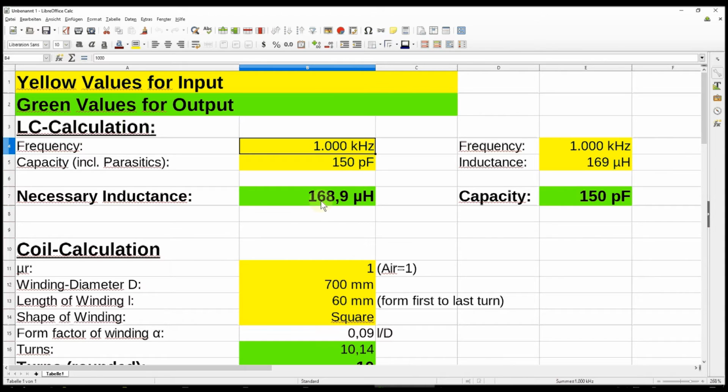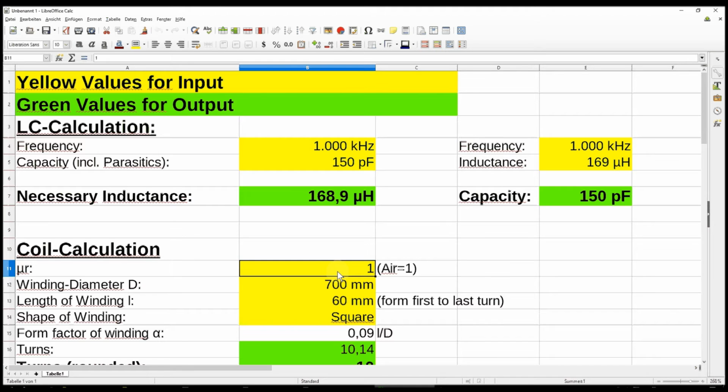We already know our coil has 170 microhenries of inductance, and to this belongs a capacity of 150 picofarad to give this resonant frequency of 1000 kilohertz or 1 megahertz.